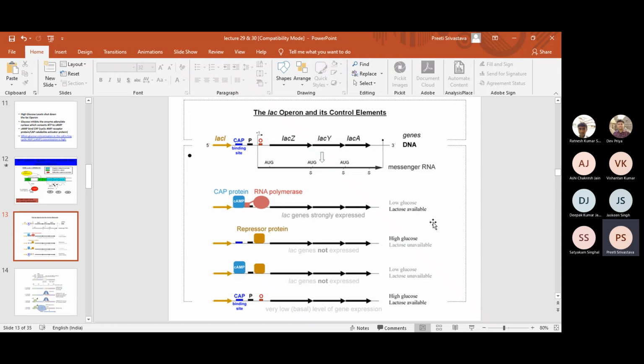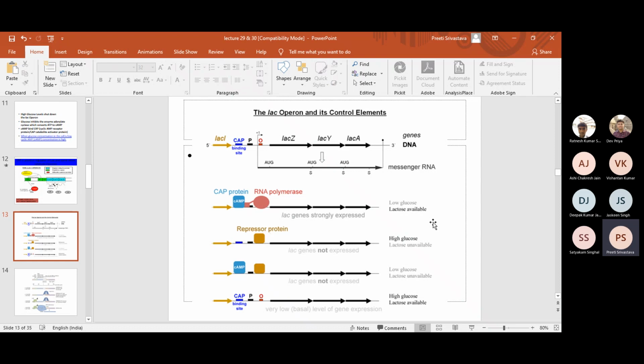Okay, so now the question is, when lactose is not there, why do we need beta galactosidase? Because the cell has all of these enzymes, the genes are there only for cases when the preferred carbon source is not there.